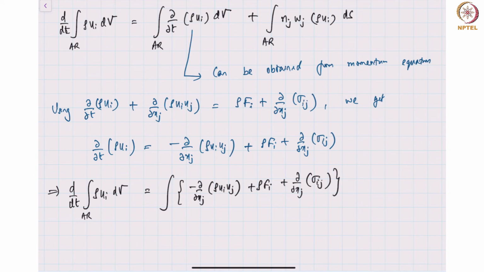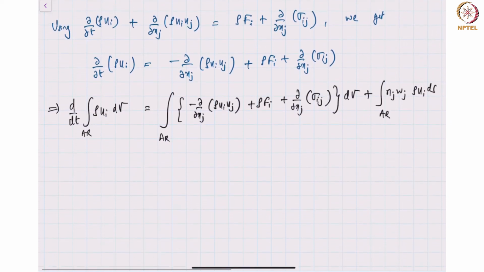I have these three terms: the convective derivative, the body force, and the gradient of the stress. This is the volume integral, plus what's happening to momentum at the boundary. It will be the momentum flux at the boundary.